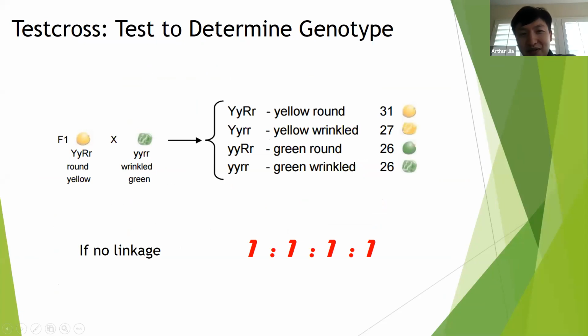I usually give this example in my introductory genetics class. Because these two genes are not linked, they are on two different chromosomes, if you do this kind of test cross, you're gonna see these results, roughly 1 to 1 to 1 to 1.